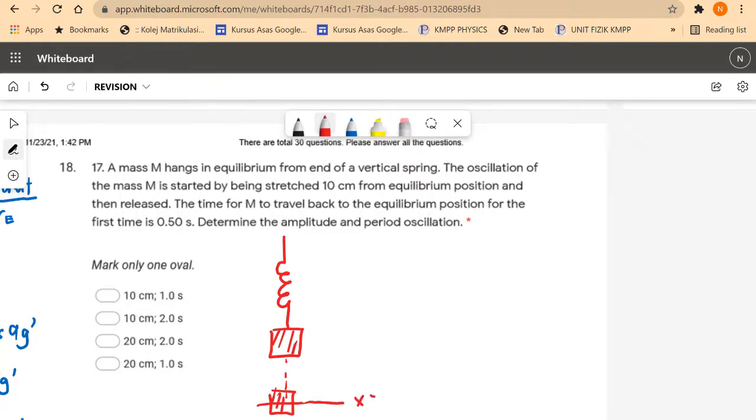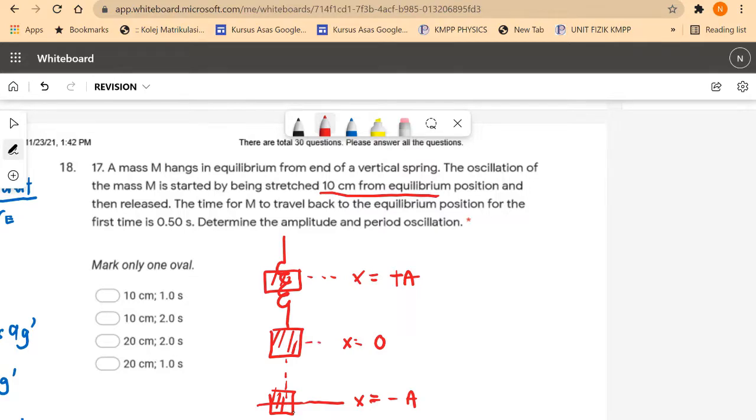So when it is stretched 10 cm from equilibrium position and you release the mass M, the object will oscillate from negative A to equilibrium position and then to the positive A. So this is simple harmonic motion.